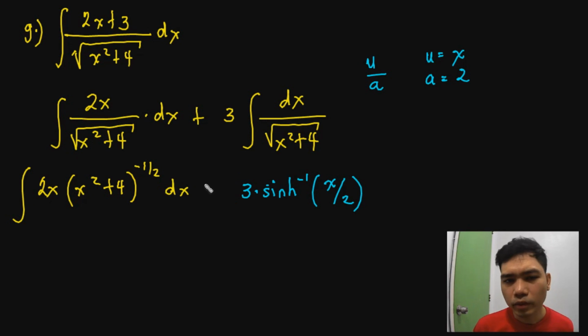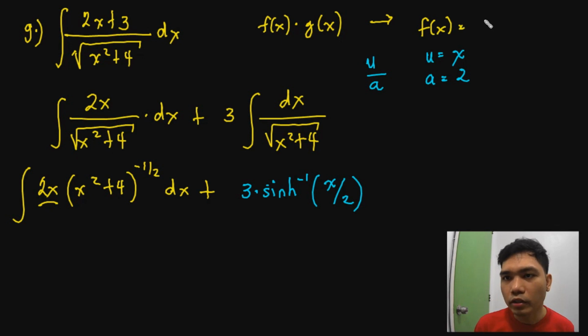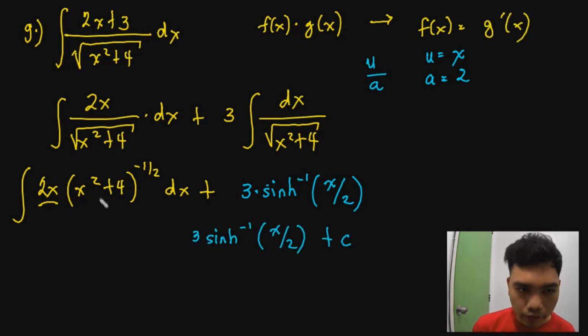What I'm trying to pinpoint is that this 2x is actually the derivative of this x squared plus 4. And when you have f of x multiplied to g of x, wherein this f of x is the derivative of g of x, knowing that this is something like the parent function, we can just integrate this.